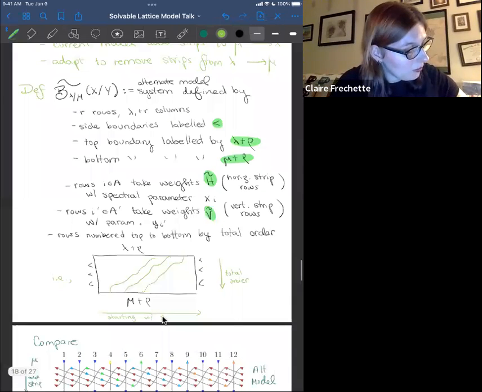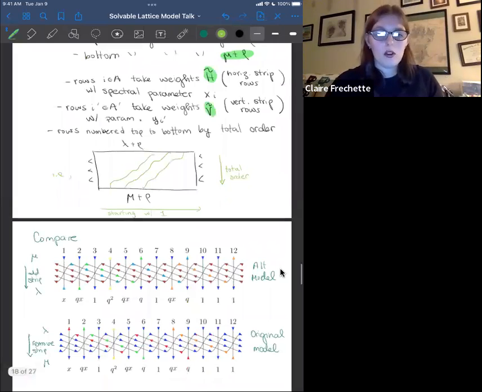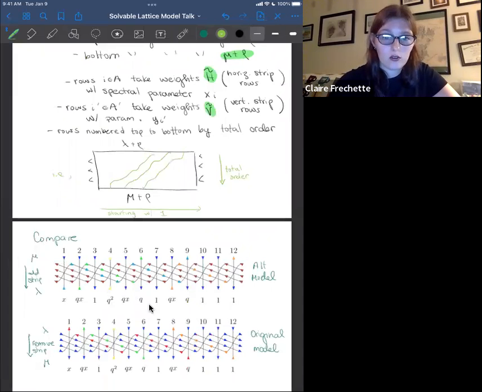So my comparison here between our new alternate model and our original model is that if you compare the partition function weights, all of my vertices are designed to have exactly the same weight that they did originally.